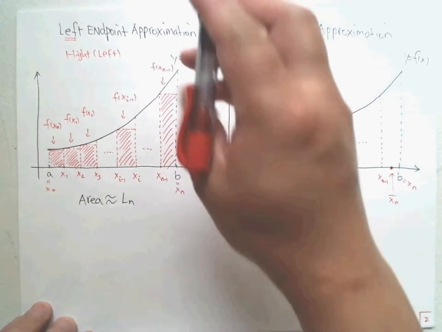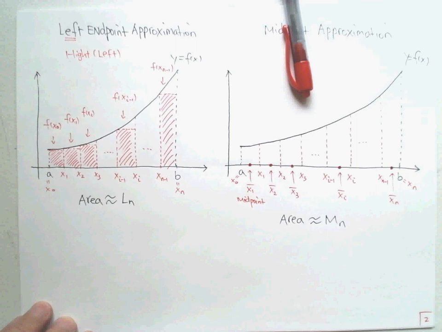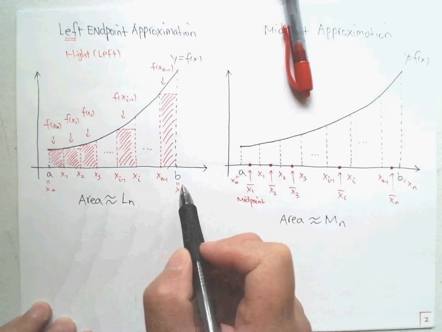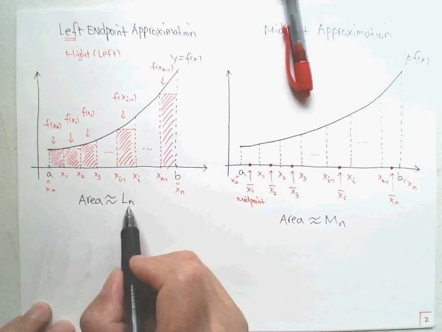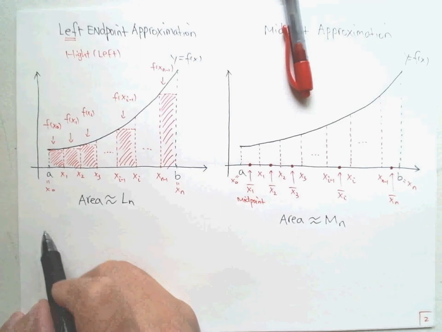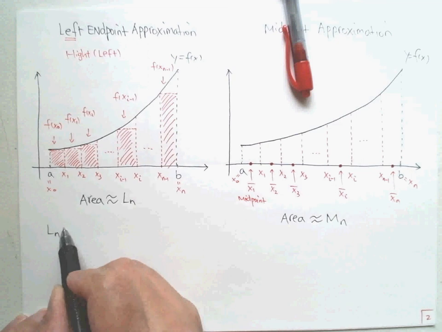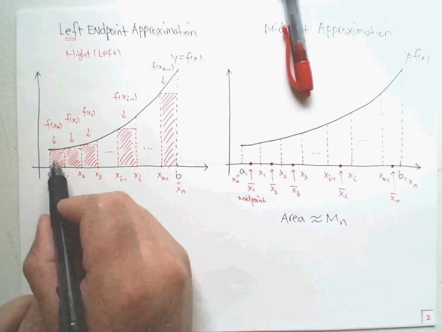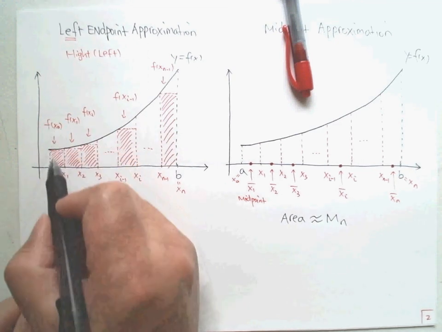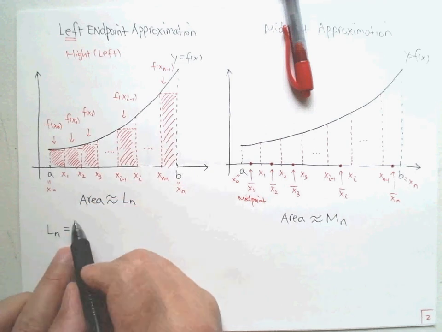What is Ln? You know all the x, right? So we just add the brackets and go to Ln. Ln goes like this. Ln equals the first rectangle, f(x0) times delta x, right?